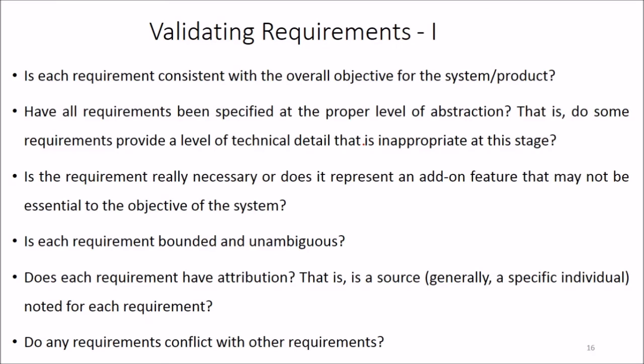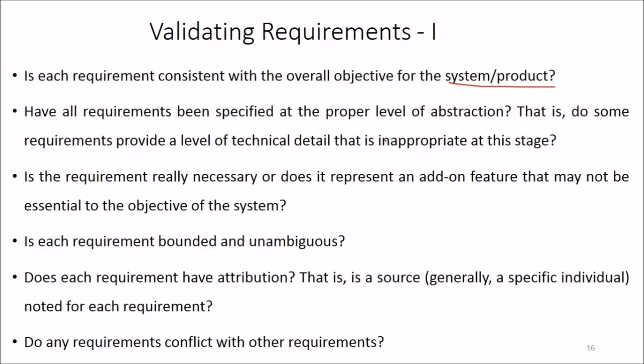Then comes validating requirements, because validation is very important. Whatever you do, if you don't validate, and the customer finds some bug or problem, then all the work you are putting in is worthless. So validating requirements means: is each requirement consistent with the overall objective of the system or product? Have all requirements been specified at the proper level of abstraction?